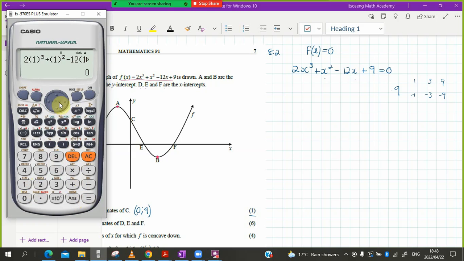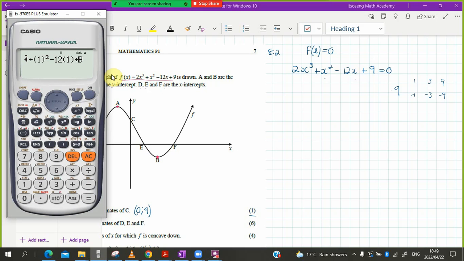Okay, I found one. I think so, but just to verify, did I enter everything correctly? It seems so. So 1 is a root.